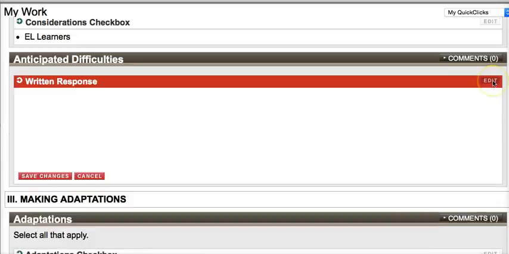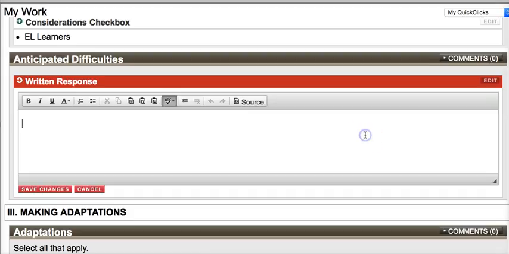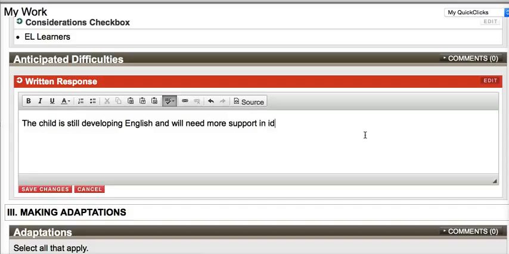And you can get an anticipated difficulty direct from the ELD standard above, which is the child is still developing English and will need more support in identifying the main idea evidence and in constructing responses.